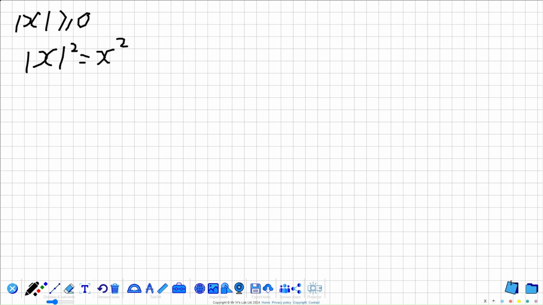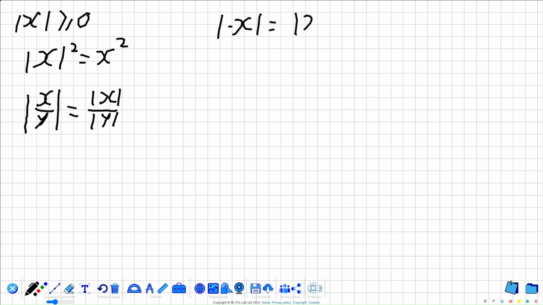Number two is that mod x squared is equal to x squared for all values of x. We've also got that x over y, which is familiar from some of the examples we did in a previous video, is equal to mod x over mod y. Then we've got mod of negative x is equal to just mod x for all x.